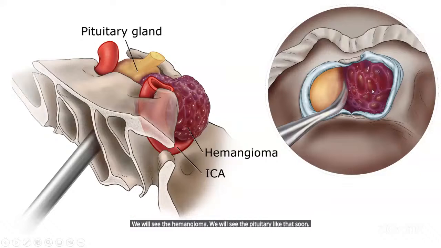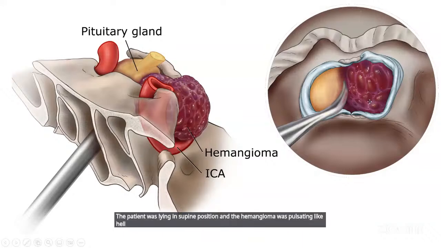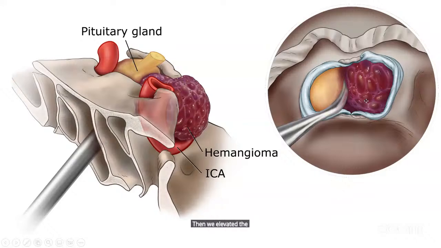When we try to resect the hemangioma, what happened in this case? The patient was lying in supine position and the hemangioma was pulsating like hell, getting bigger and bigger. Then we elevated the back of the patient in a reverse Trendelenburg, and it gets smaller and smaller. Why am I saying this?